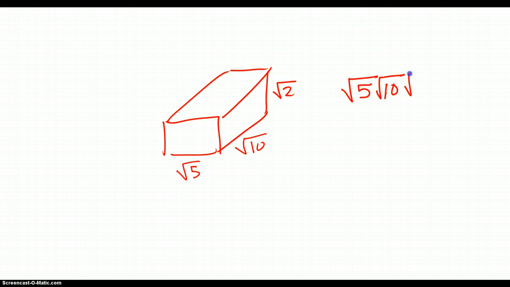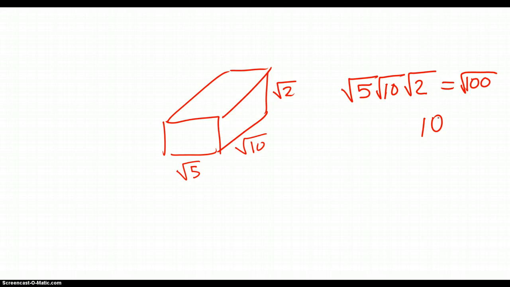So we multiply all these together. So if I can break things down into this, I can also build it up. So first you're going to build this up. So 5 times 10 is 50. 50 times 2 is 100. And then we're going to try to break it down. What is the square root of 100? It's just a plain old 10.